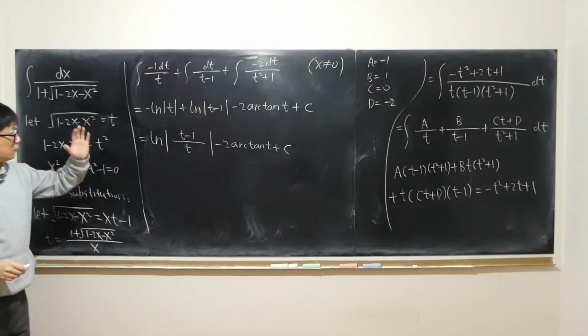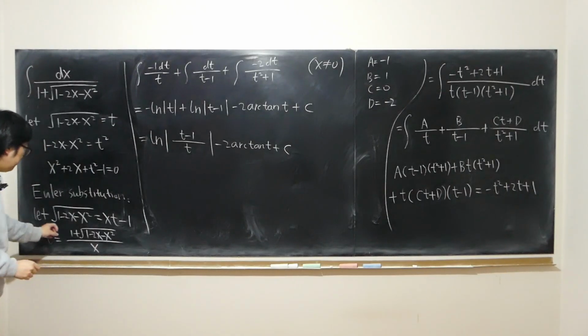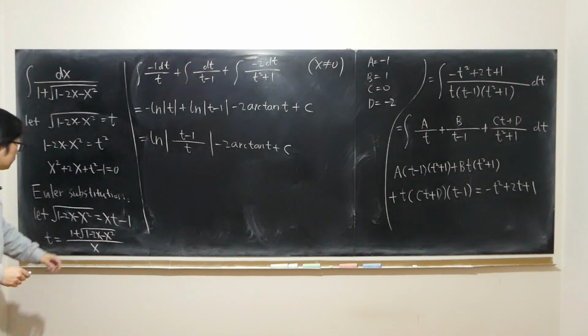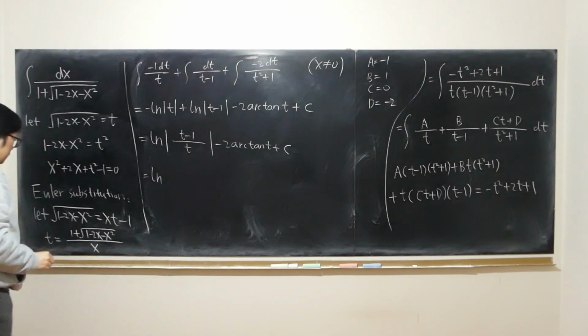That's our condition here. But first of all, I can say t minus 1, we can easily work out, then over t. In the end, the x will cancel out.